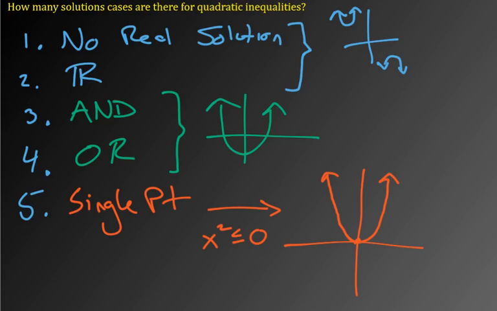This quadratic being less than or equal to 0 is only true when x equals 0, because most of the time it's above the 0 line. Most of the time it's just up here. X equals 0 is the only point that makes this inequality true. So that's kind of weird, but there's actually 5 cases for quadratic inequalities.